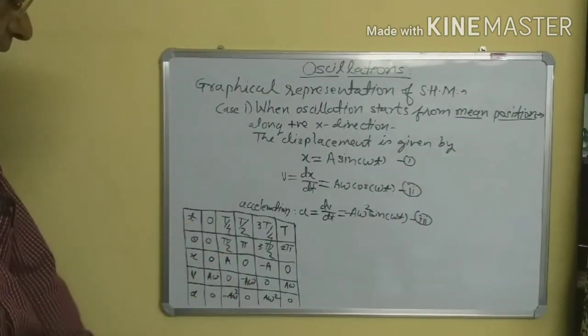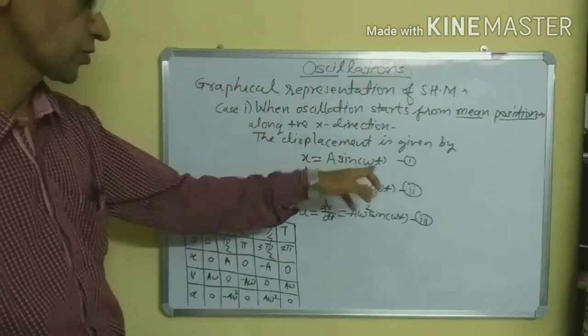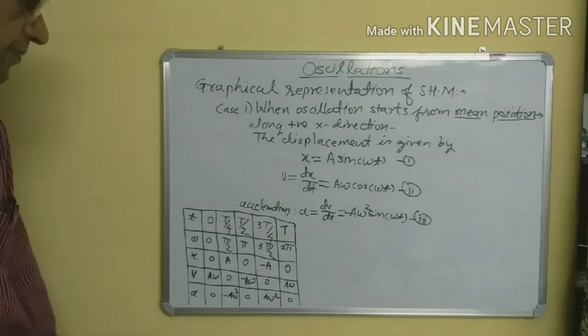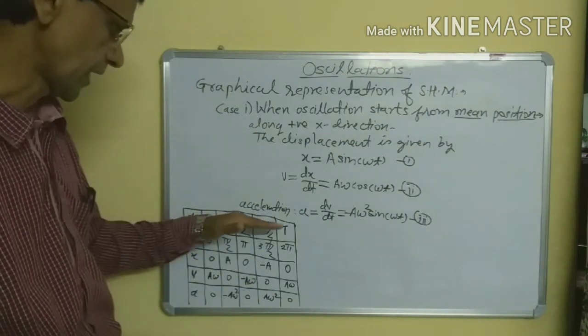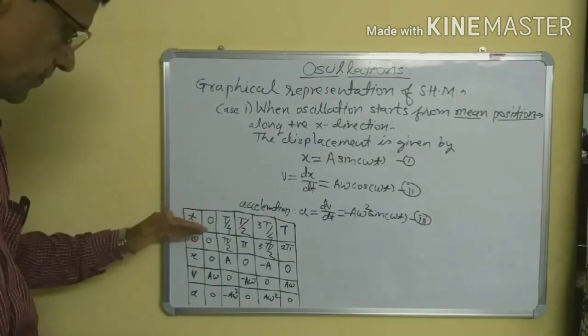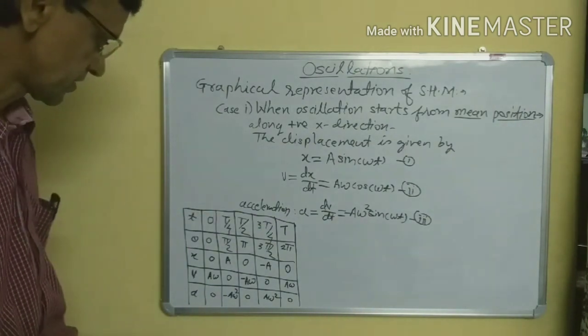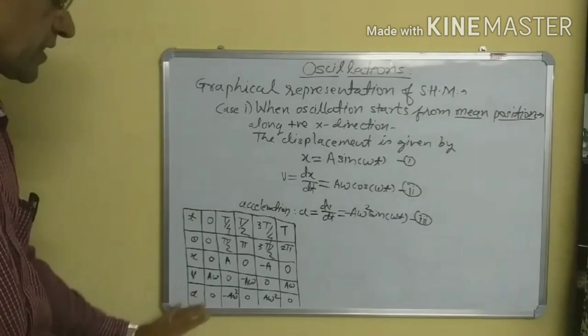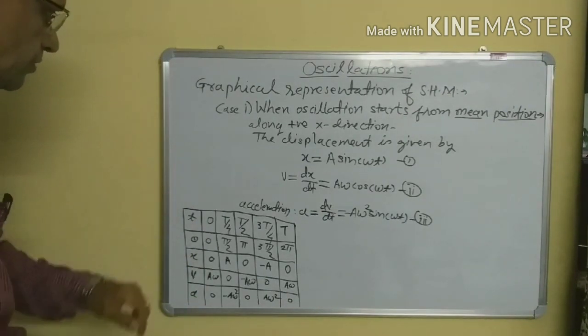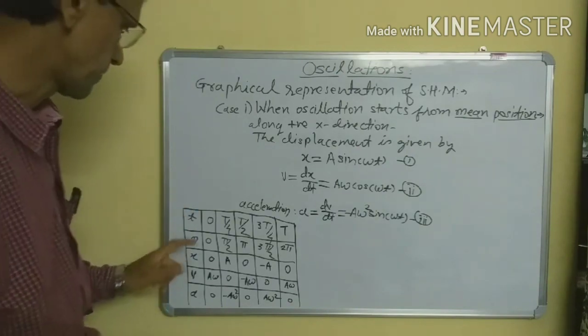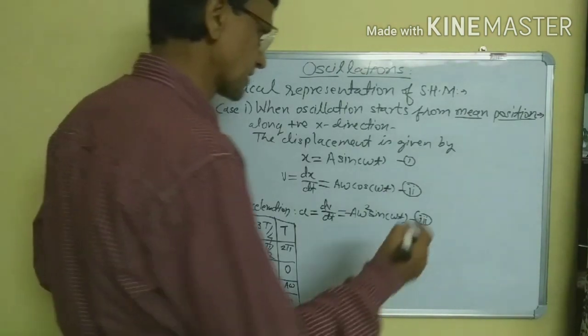This table is filled by putting the values of omega t, that means theta. The corresponding values of times are shown in the top row of this table. By using this table, we can plot the graph of displacement, velocity and acceleration.